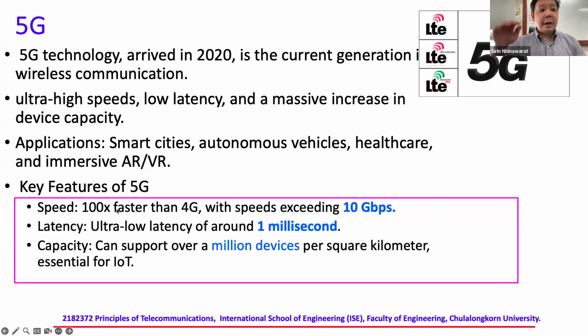As a bottom line, with 5G you should expect 10x in speed, up to 10 gigabit per second. Latency could go down to the level of 1 millisecond, and capacity is a million devices per square kilometer.